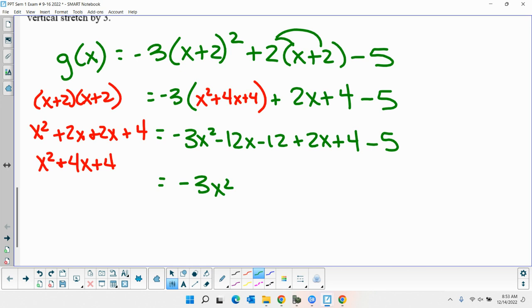Negative 12x plus 2x is a negative 10x. And negative 12 plus 4 is negative 8, minus 5 is negative 13.